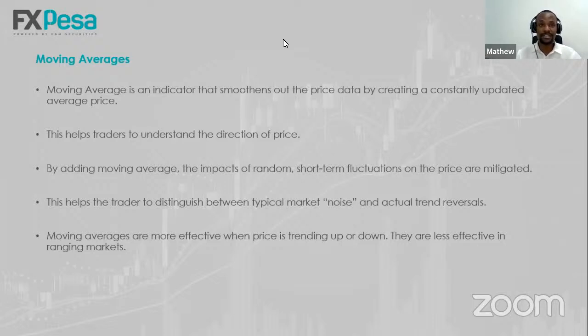If you have many candlesticks, you have a very slow moving average. If you choose very few candlesticks, you have a fast moving average. In our case today, we'll be using a single moving average, taking into account 100 candlesticks, or 100 periods in this case.